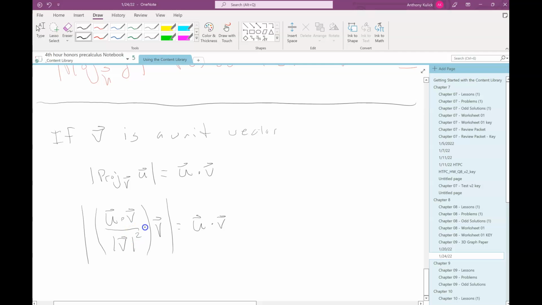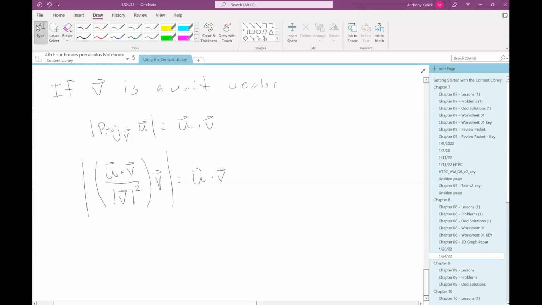And since v is a unit vector, what does the magnitude of v have to be? 1, right? That's the definition of a unit vector.